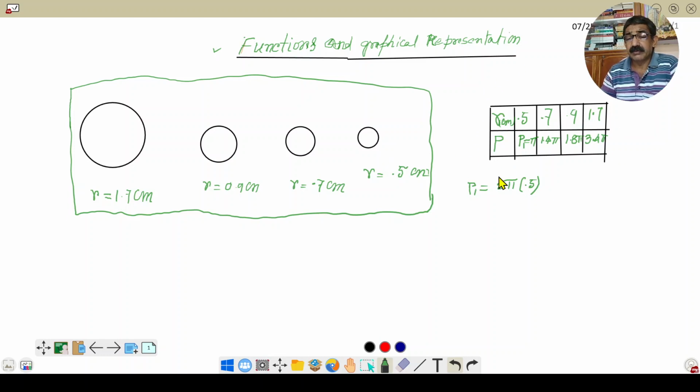This chart bounded by the red line also gives you the information. The same information is given in 2 different ways. This is a way and this is another way.